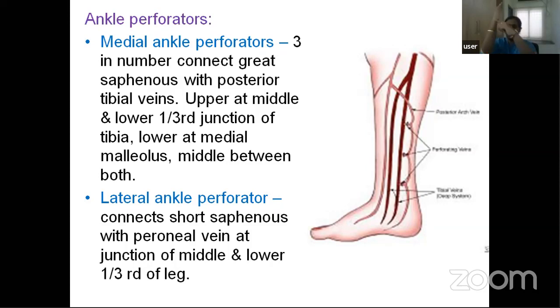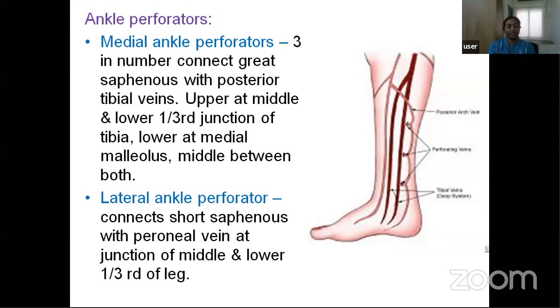At the malleolar level, we have the other perforator. Between these two, we have the second perforator. So all three perforators are present in the lower part of the tibia. They are not present in the upper part. So that is the position of the medial ankle perforators.